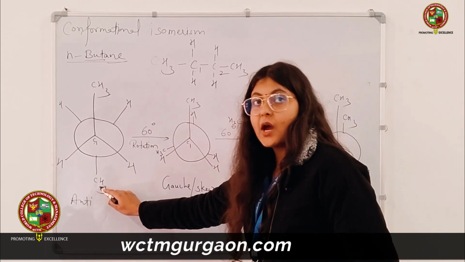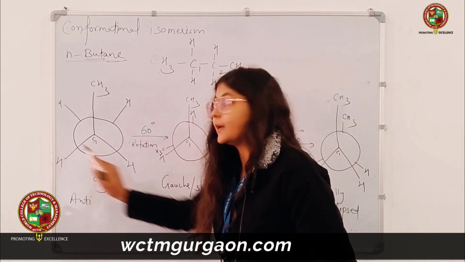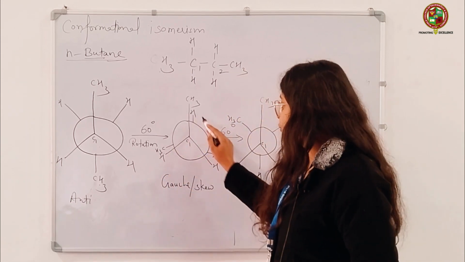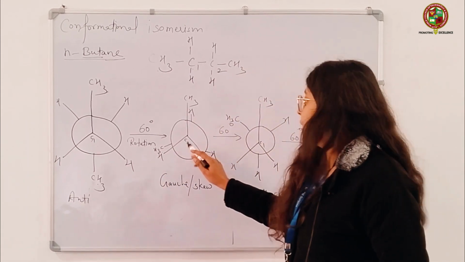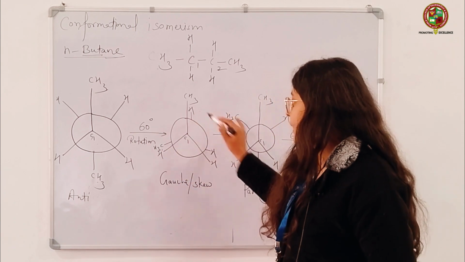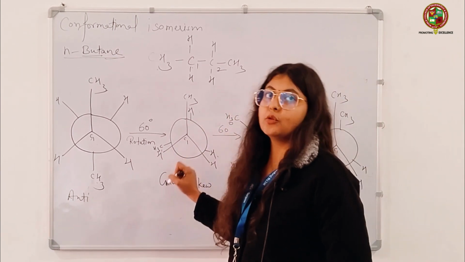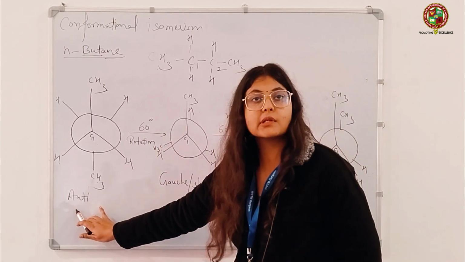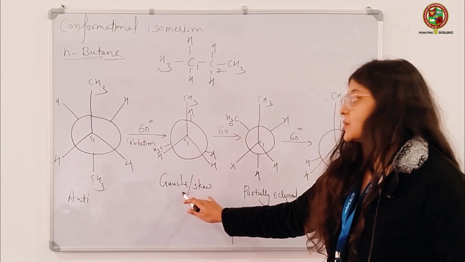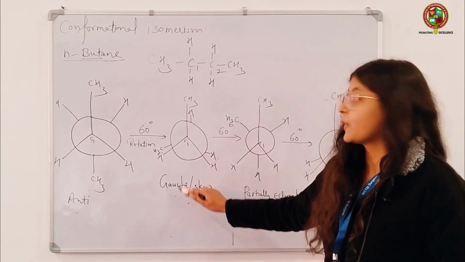So CH3 is here. After 60 degree rotation, it will come here. CH3 and hydrogens are also revolving with it. This conformation is called gauche or skew. Okay? First conformation is anti, second conformation is gauche, or you can say skew.